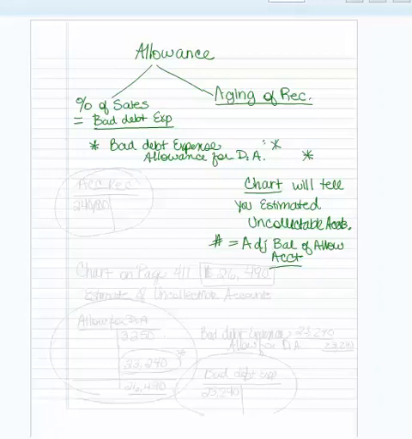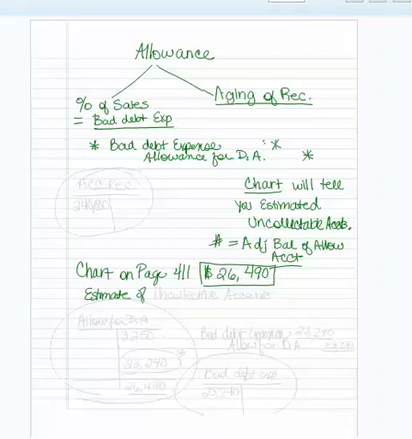So going back to our notes, we're on page 411, 412. The chart on page 411 tells you that $26,490, that's in the bottom left-hand part of the chart, is your estimate of what?